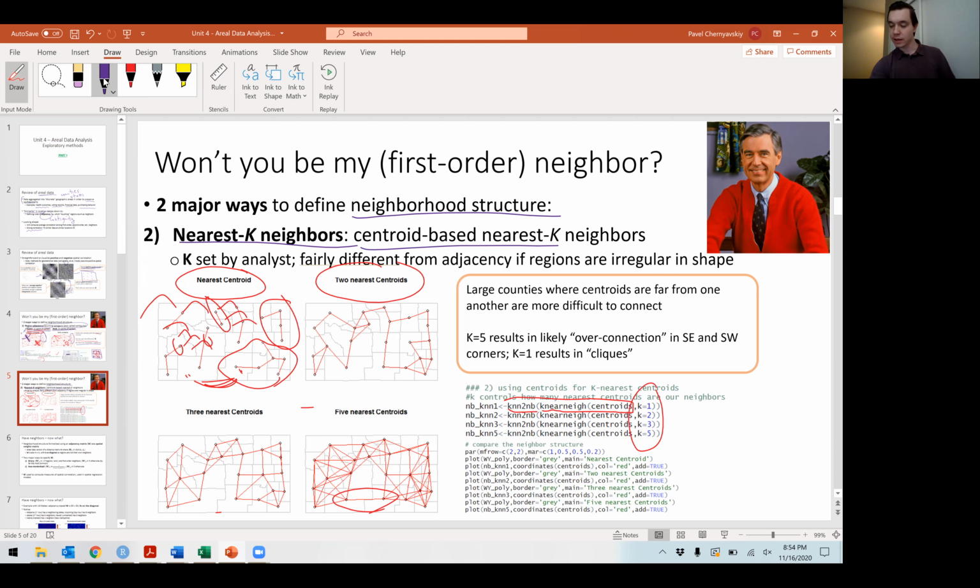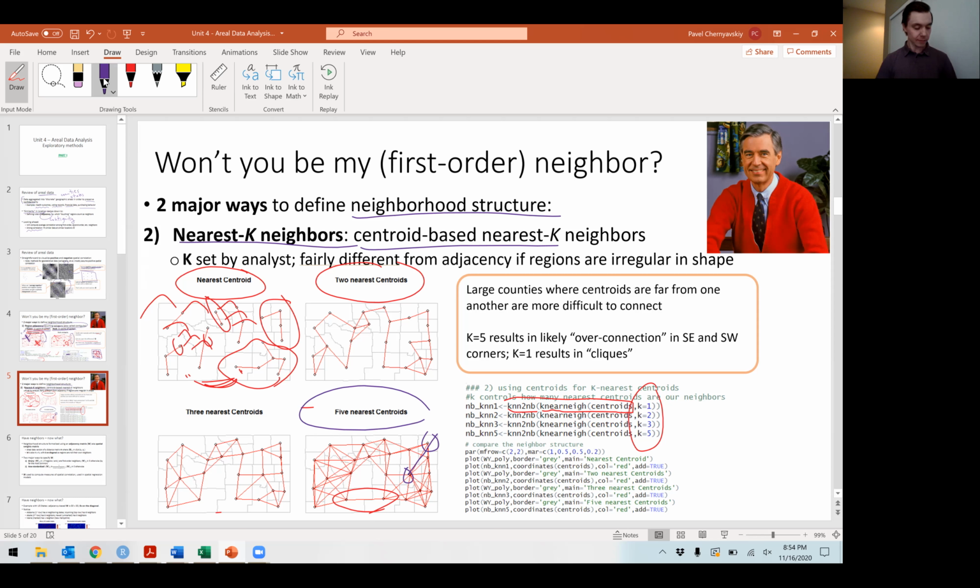So we have our northeastmost Crook County. It reaches out all the way over here. This looks like Converse County, because we're asking it to have 5 closest neighbors. So oftentimes 1 is cliquey, 5 is probably overconnected.